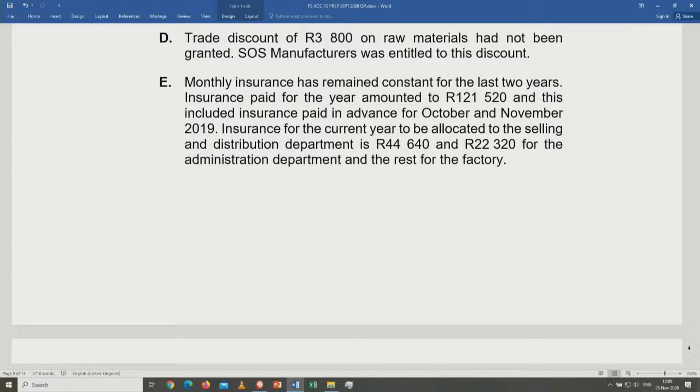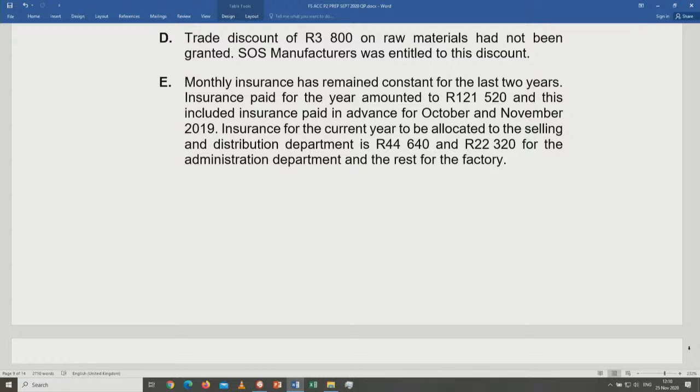But now this insurance also includes October and November. What does the matching concept say? The GAAP principle says we must only take into account income and expenses incurred in this accounting period. So what must we do with October and November? We must calculate and subtract it, or we say 12 over 14 to just get the 12 months that we need, right?